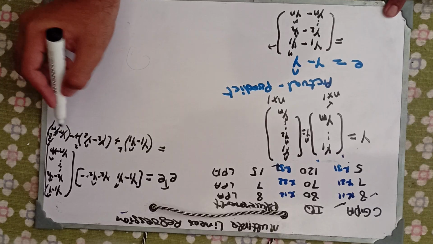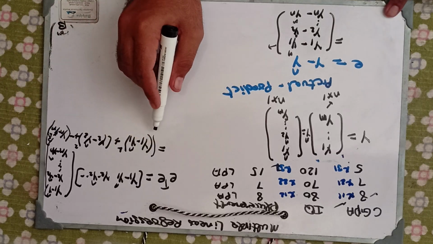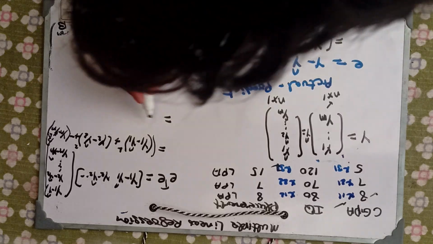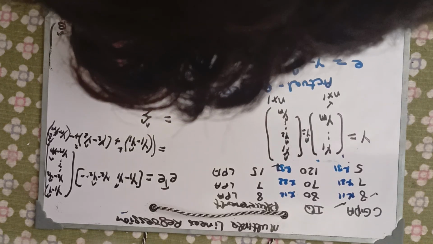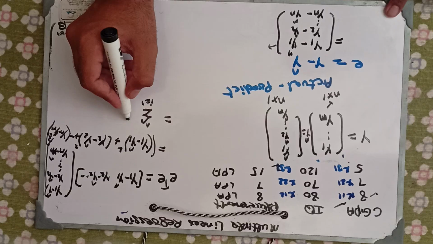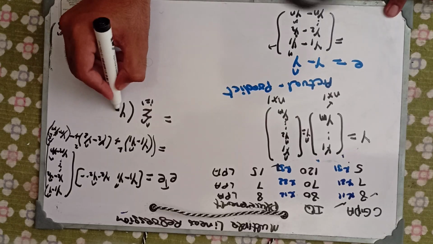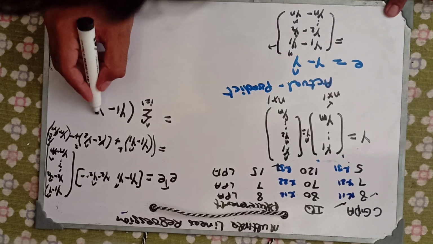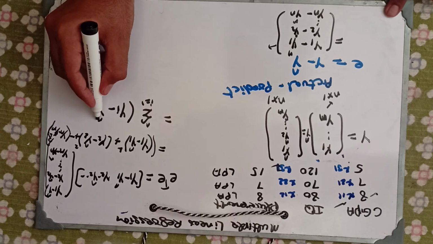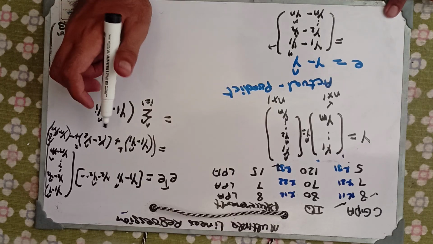Okay, right? And if you consider it, can I write something like sigma of i equals 1 to n, and inside it y of i, which is my actual value, and then y i hat, which is my predicted value?